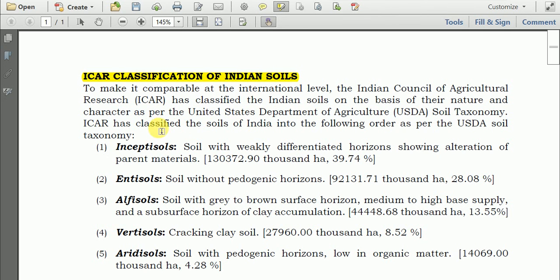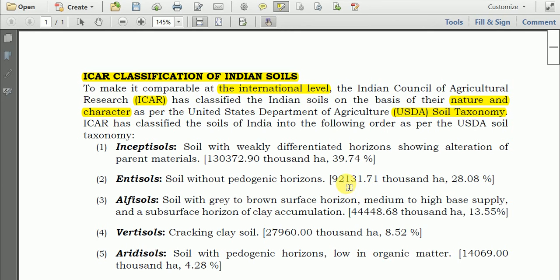Let us read. To make it comparable at the international level, as mentioned earlier, the Indian Council of Agricultural Research (ICAR) has classified the Indian soils on the basis of their nature and character, as per the United States Department of Agriculture, that is, USDA soil taxonomy.